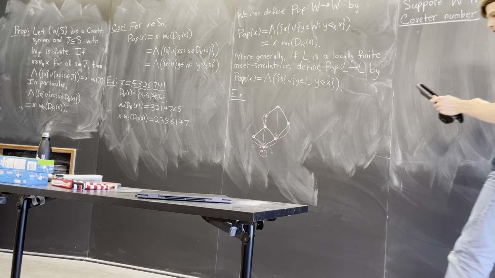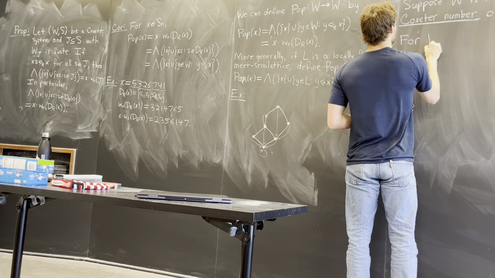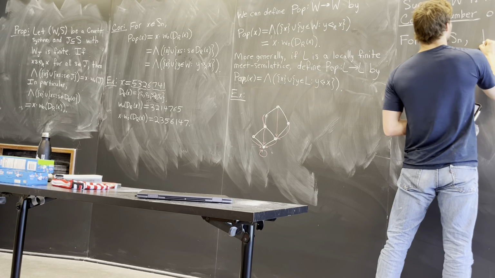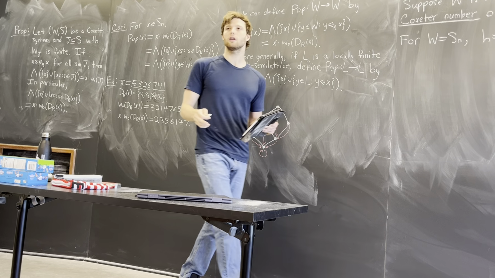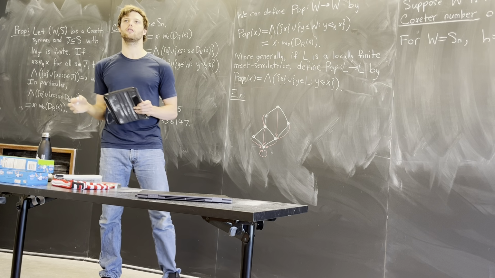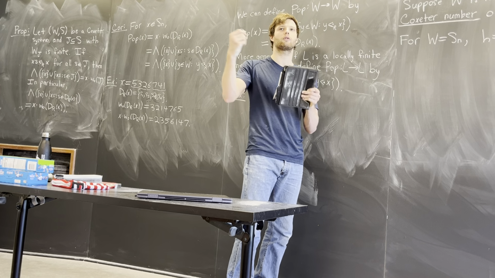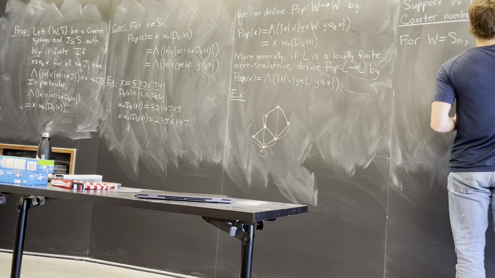And as an example, for W equals Sn, what is the Coxeter number? Well, it's 2 times the number of reflections in Sn. In other words, the number of transpositions is just n choose 2, because there are n choose 2 ways to choose the numbers i and j to get a transposition (i j). So this is n choose 2.